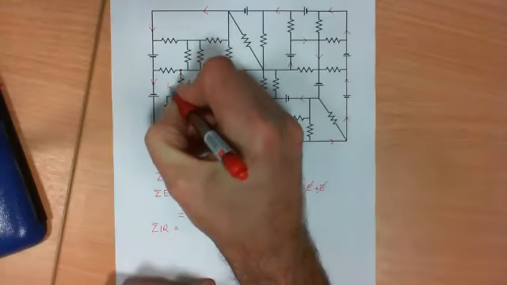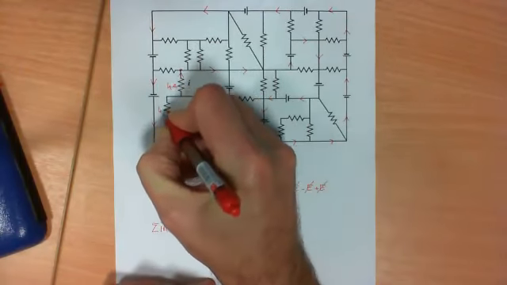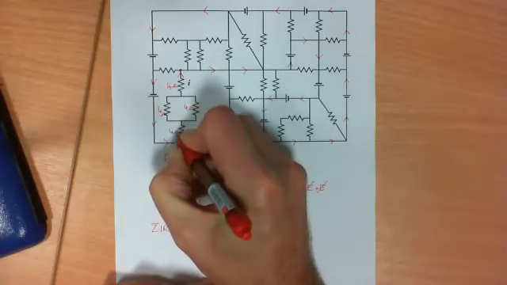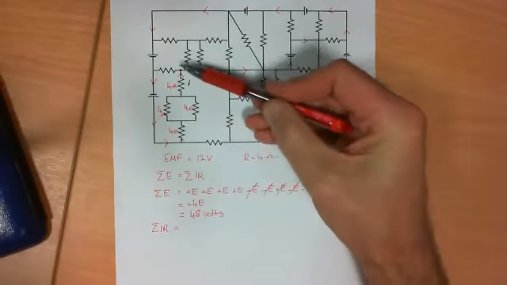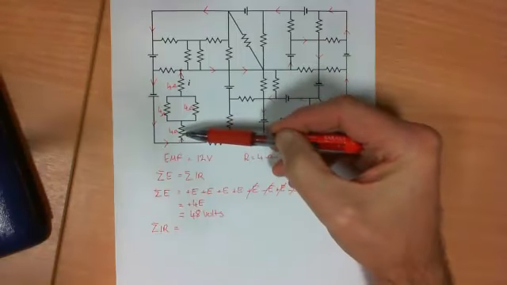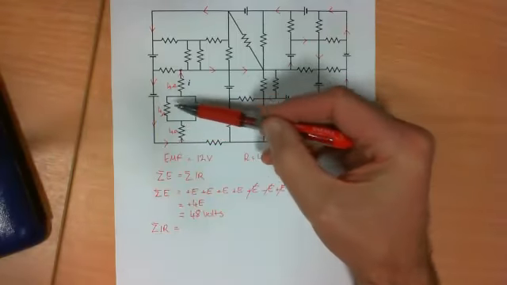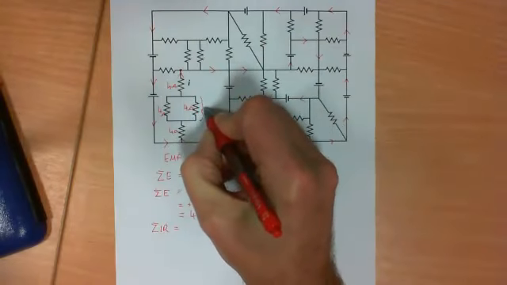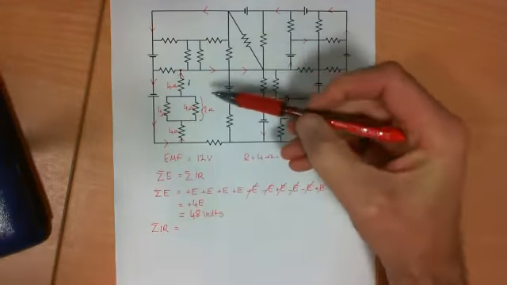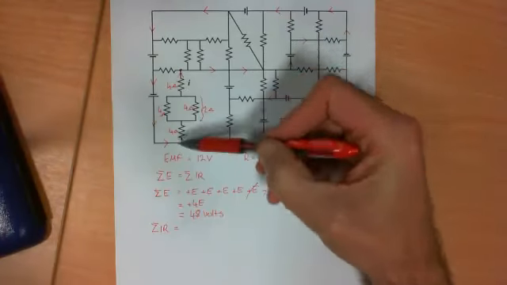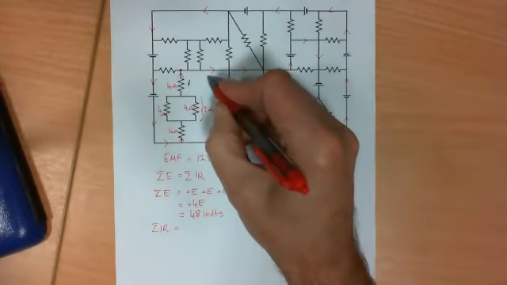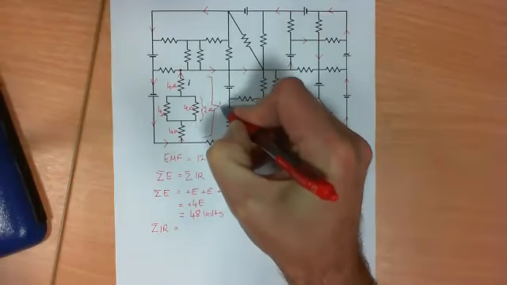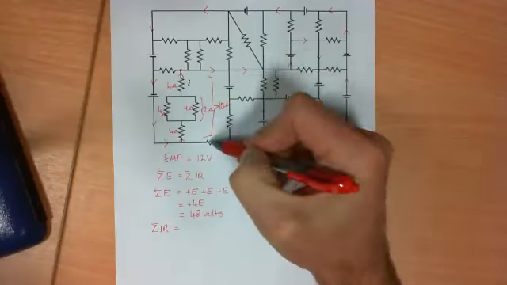But remember, these are all 4 ohms, and we've got a relatively simple arrangement here. If we represent this by one single resistor, we've got 2 4 ohms in parallel, so that's going to give us a 2 ohm. So we've got 2 ohm in series with a 4 and a 4 ohm. So the whole of this lot could be represented by a 10 ohm resistance.